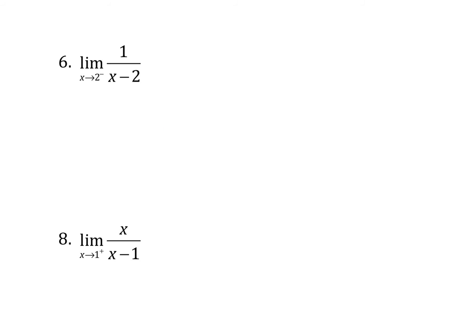With number 6, I'm looking just for a left-hand limit, and I can't do direct substitution because that will give me a denominator of 0. There's nothing to factor, there's no radicals to rationalize, so what we're going to have to do is use a table.